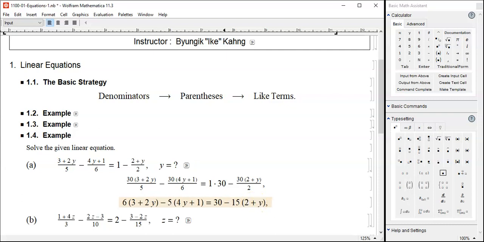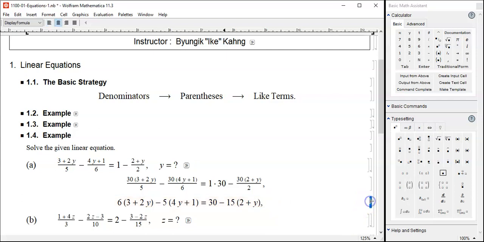And what do we have? We have a linear equation loaded with parentheses. This part is now done. I'm now starting from the second step. Break up the parentheses and take the like terms together.